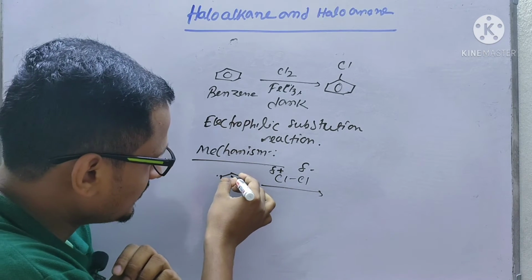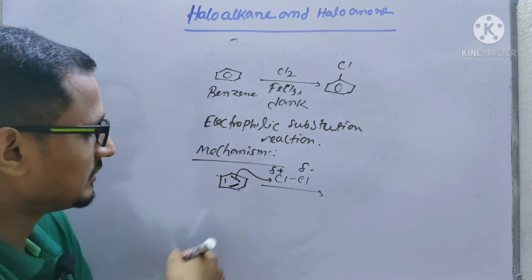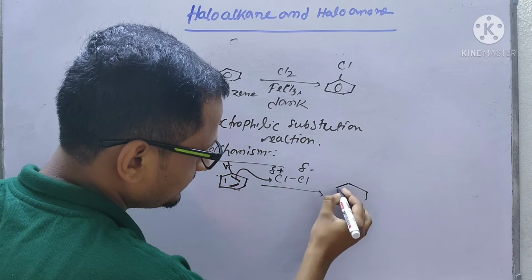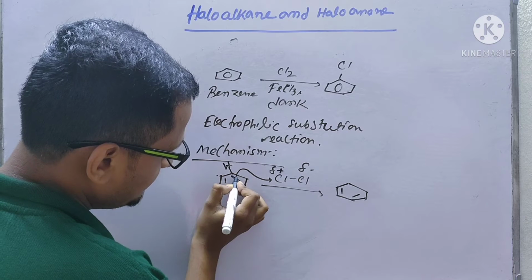So now this pi bond will attack this chlorine. Now we all know one hydrogen is here. So what will happen? By this bond, this benzene is taking this chlorine.